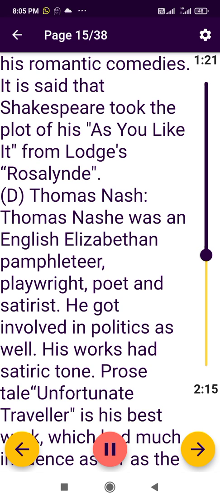G. John Lyly. John Lyly was an English writer, best known for his books Euphues, The Anatomy of Wit, and Euphues and His England. Lyly's linguistic style, originating in his first books, is known as Euphuism. Lyly wrote 7 comedies.